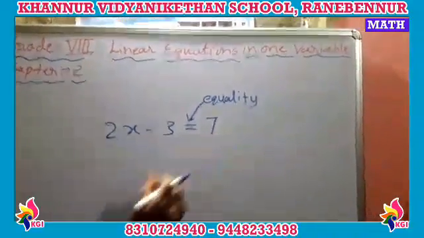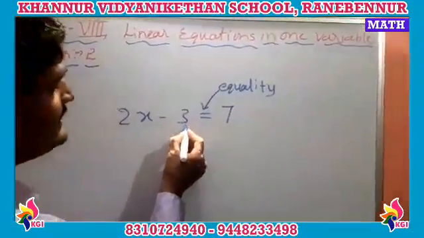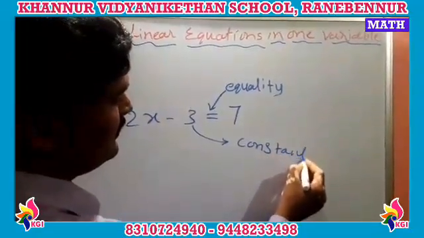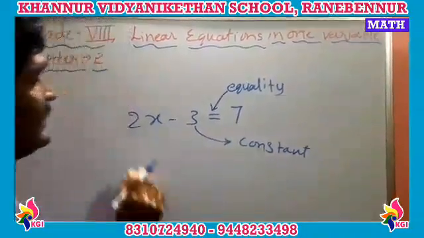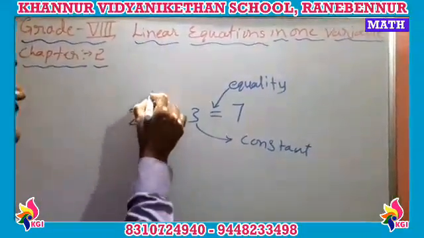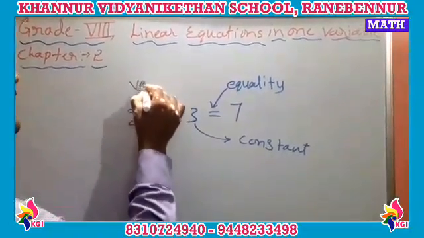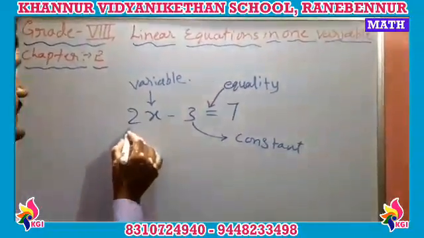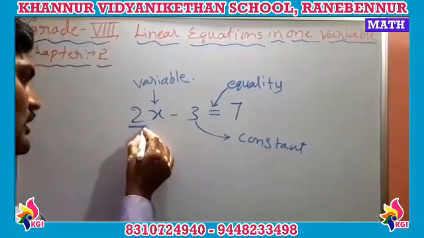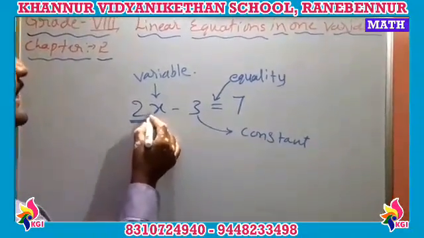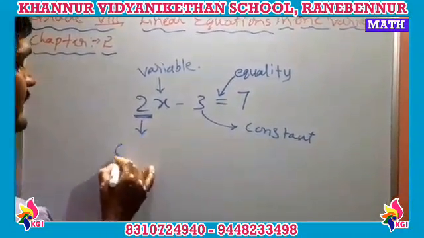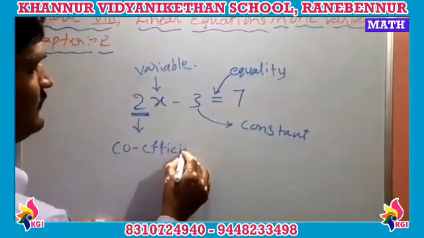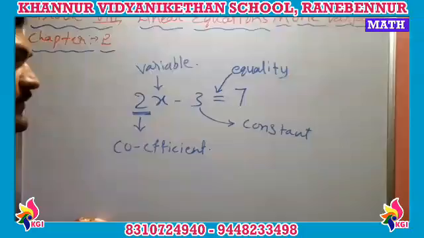Okay, in this we say this is a constant. Then next here x is called a variable. Okay, so then this 2 is also a constant and it is the coefficient.